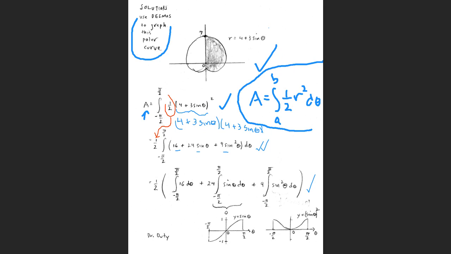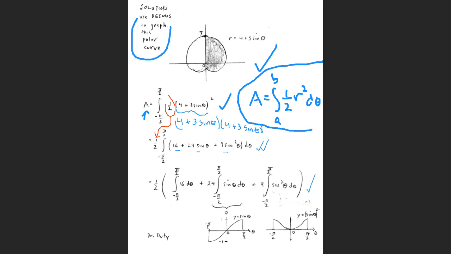Okay, so now a lot of times with these problems where we're finding areas under the polar graph, these integrals can be made easier if we observe symmetries with regards to what we're trying to integrate.